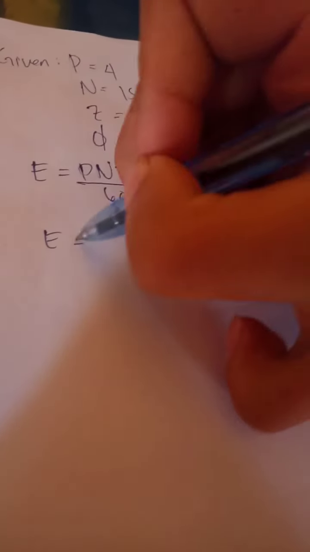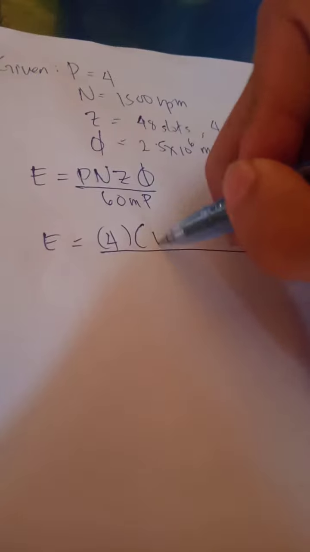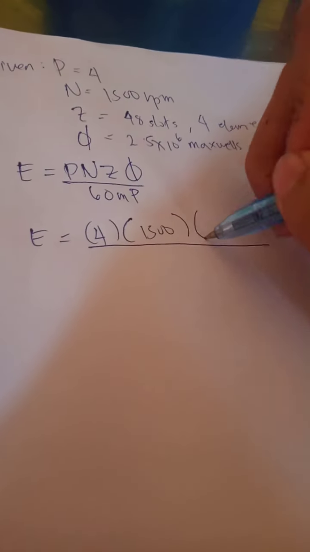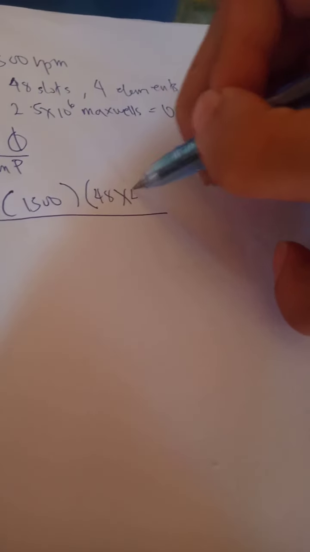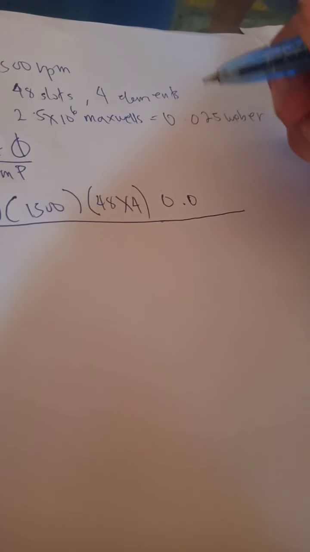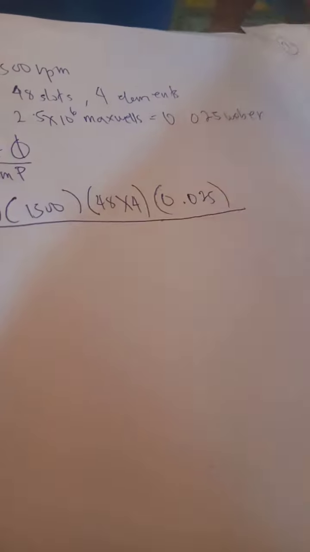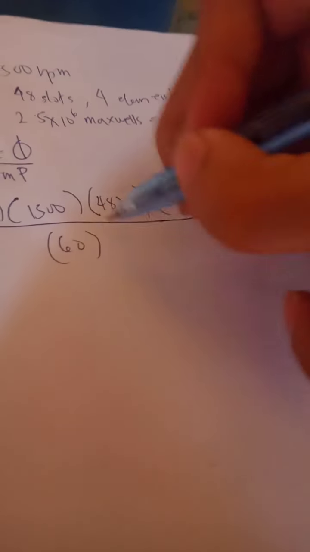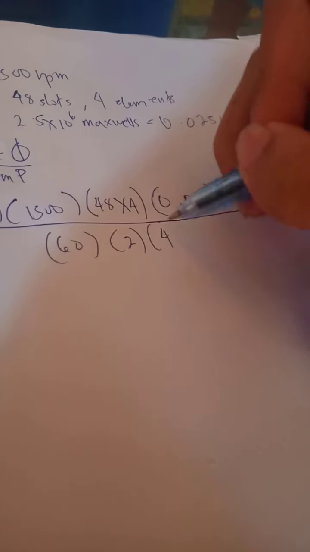Now E is equal to 4 times our speed 1500, our Z is 48 slots times 4 elements per slot, times the Weber equivalent of the given Maxwell, over 60 times a duplex winding times the poles, which is 4.